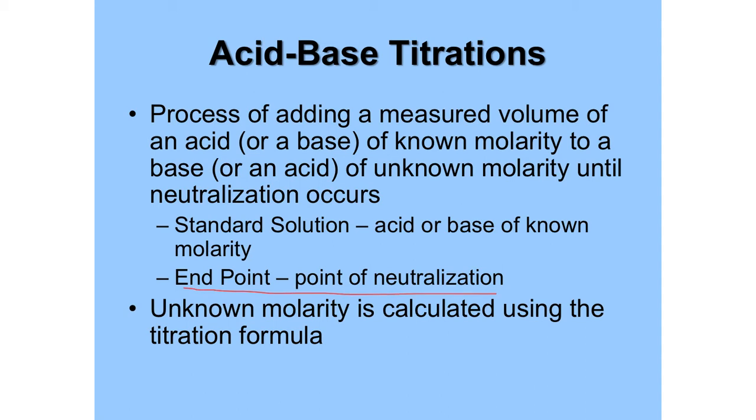Now we would know the volume of the acid, we would know the molarity of the acid, we would know the volume of the base that we had added, and then we could calculate the molarity of the base. So our titration formula is on the back of our reference tables.